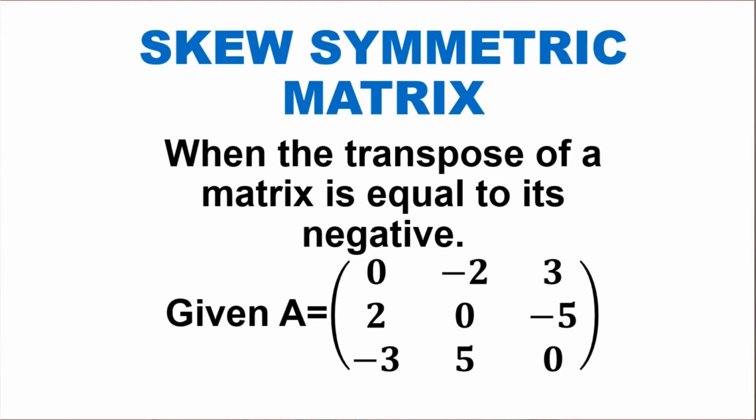We have another type of matrix which is called the skew symmetric matrix. When a matrix is skew symmetric in nature, it means the transpose of such a matrix is equal to its negative.